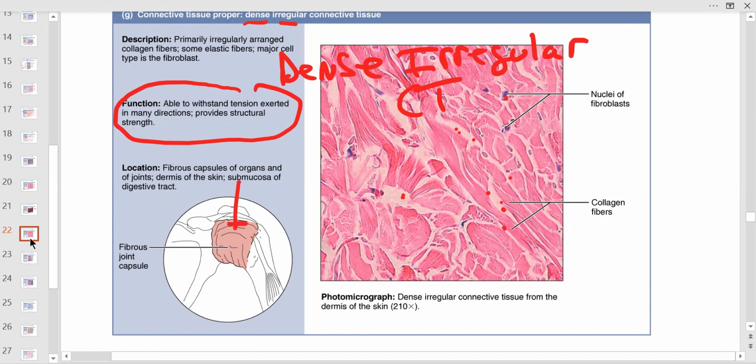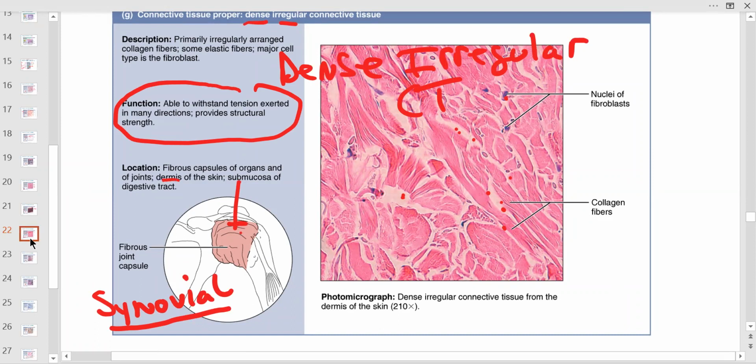You're going to hear this term, too. It's called a synovial joint. That's the most movable joint in your body when we do articulations very soon. And this is dense irregular connective tissue, the joint capsule. It's like if you have a connective tissue ace bandage around your joints. Very cool. Prone to injury.